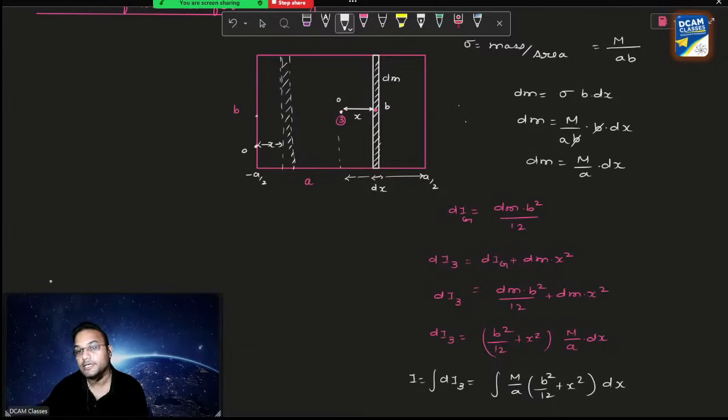Now my x would change from 0 to the rightmost corner. But now I am taking x from the center, so x will move from minus a by 2 to plus a by 2. Understood? You are okay? Yes. What about others?